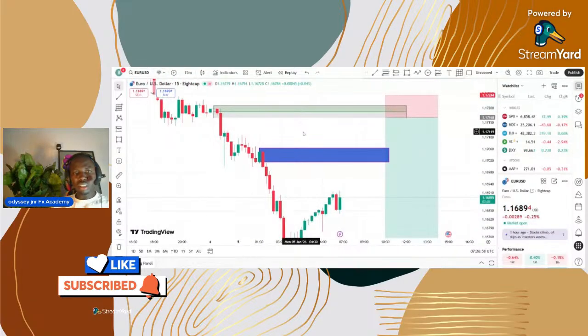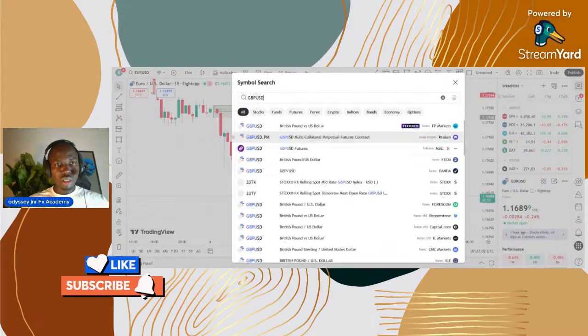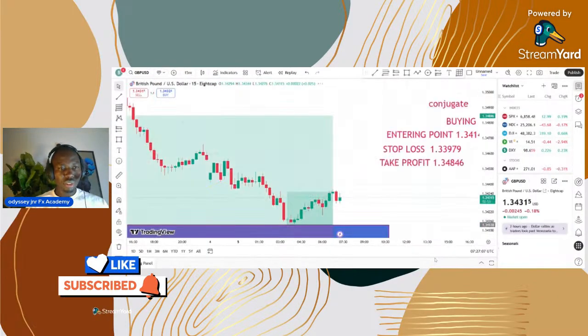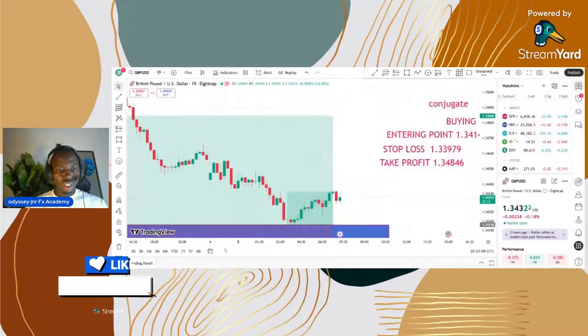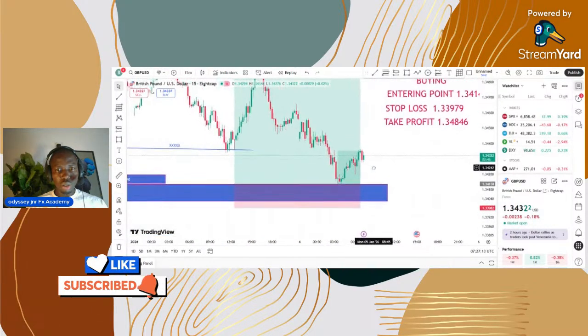So that is it. So let's look at that Great Britain pound USD that we did before. Market is still going. We are still in profits.